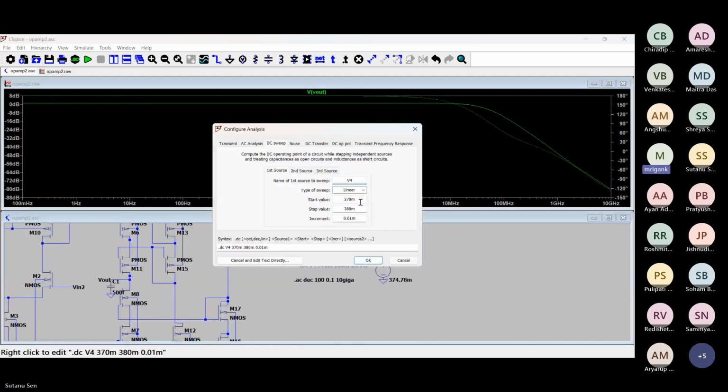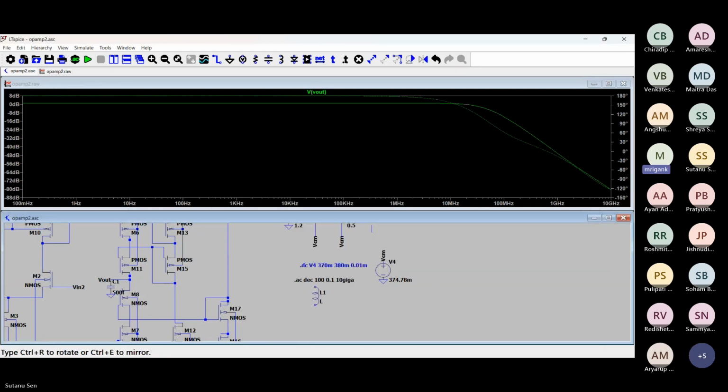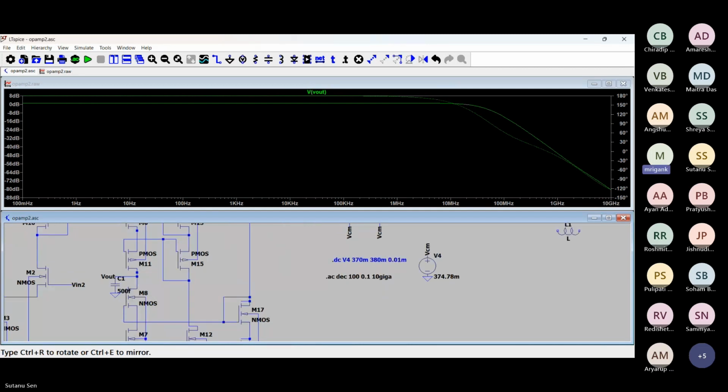What you can do is you put a big inductor. So let us just use a shortcut method. Let us try to put a big inductor between the output and the negative input, so that you have a voltage follower kind of configuration. But the inductor value should be very high.